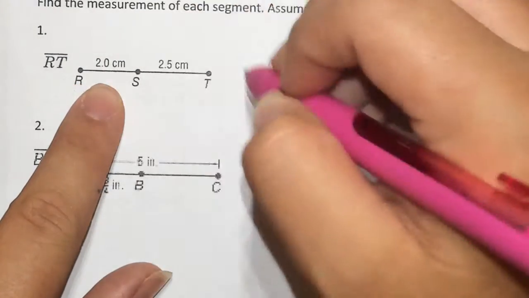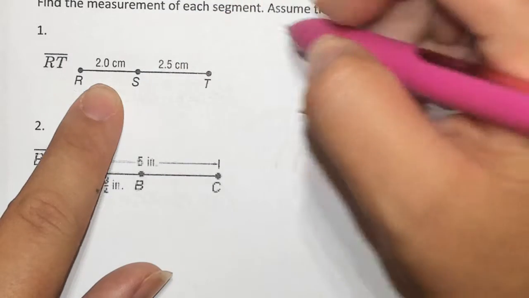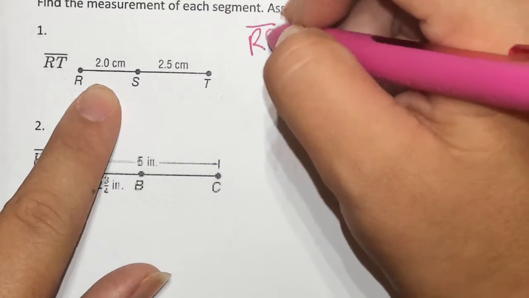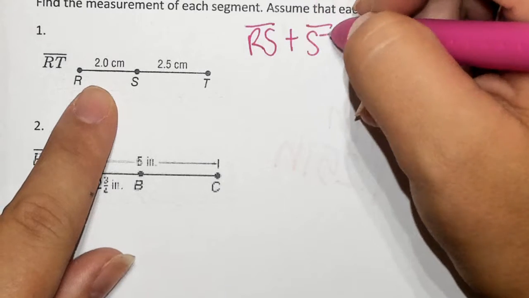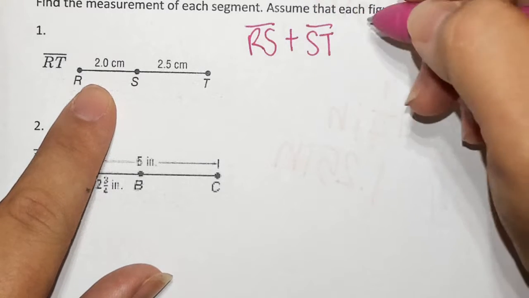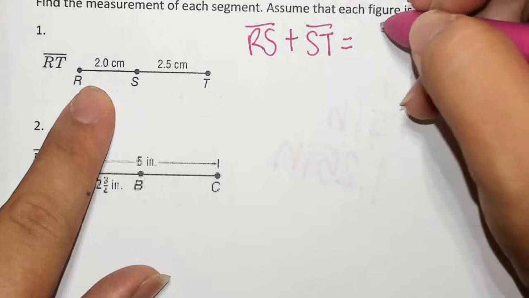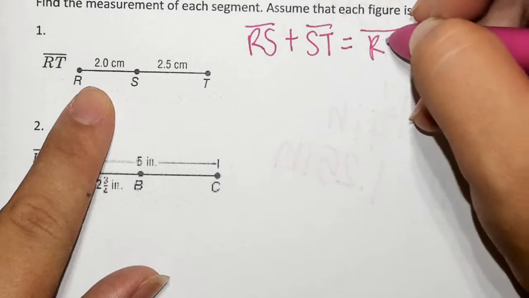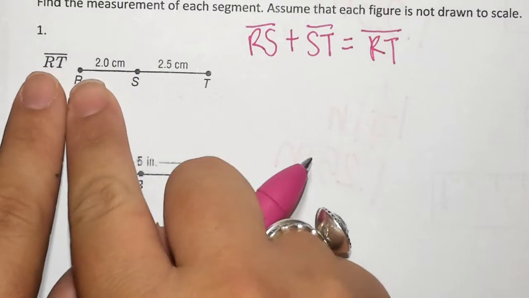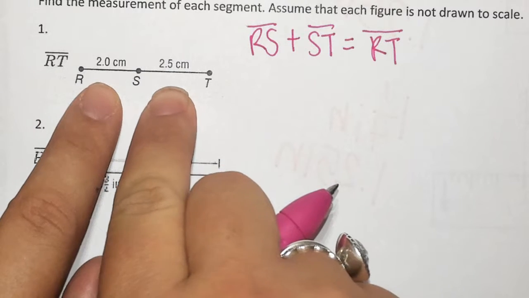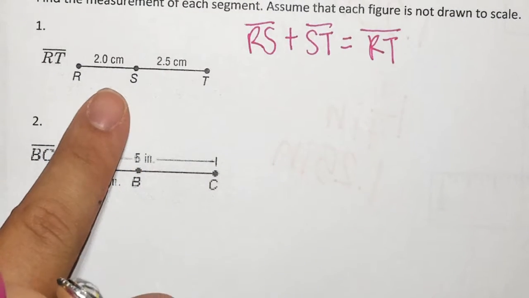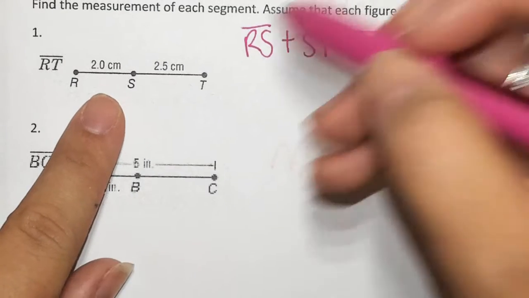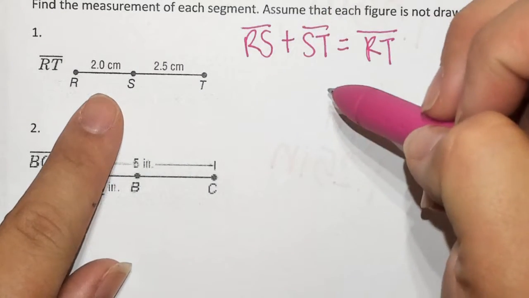So the segment addition postulate for this segment is that segment RS plus segment ST equals what? RT. This part plus this part equals the whole. Okay? Well, now let's substitute in what we know.